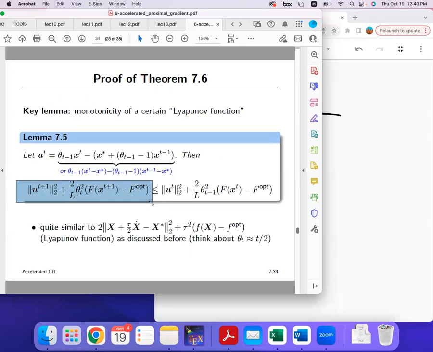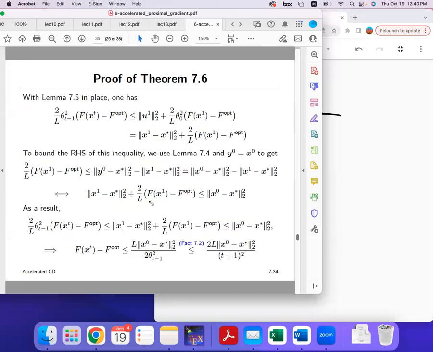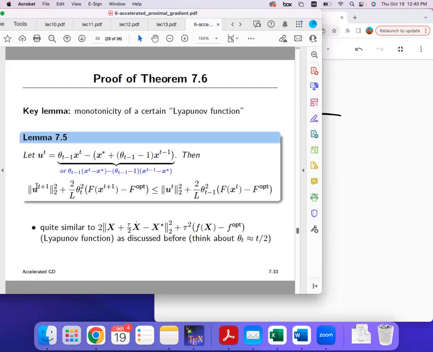Okay. And based on this lemma, let us first derive the convergence rate of this algorithm. And later on, we will show the proof of this lemma. Because this inequality is monotonically decreasing over t, we just keep unrolling this inequality, right?